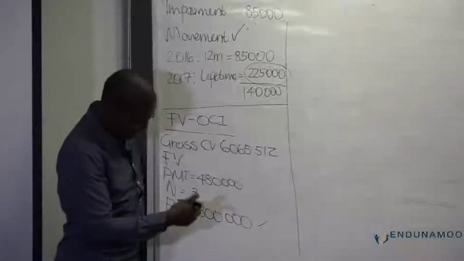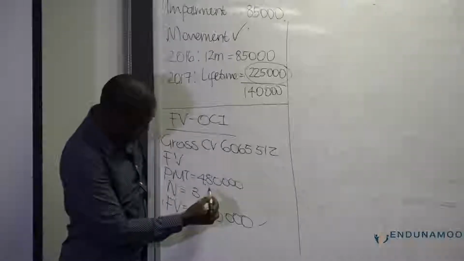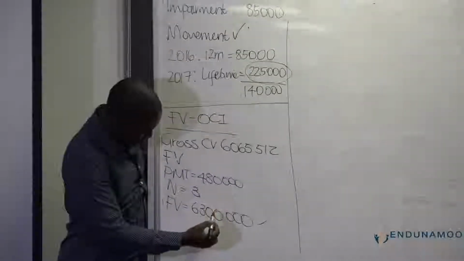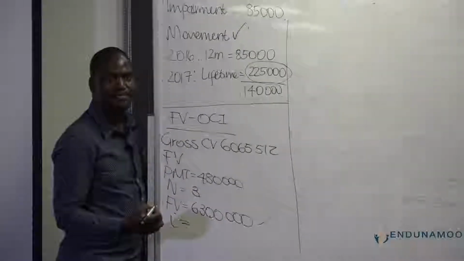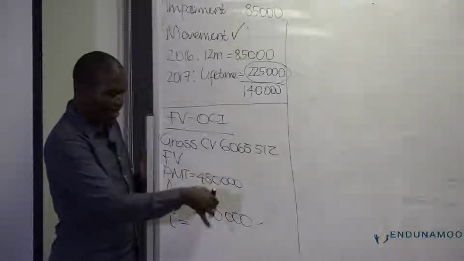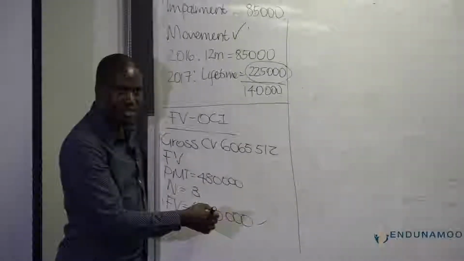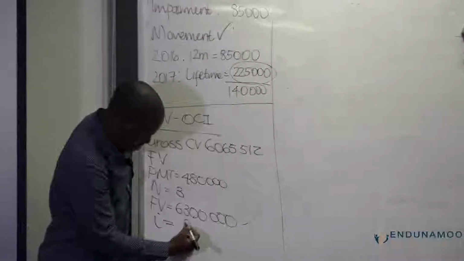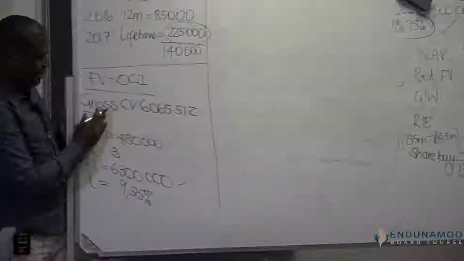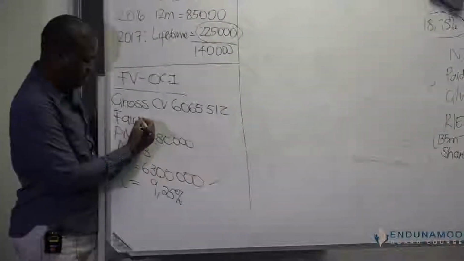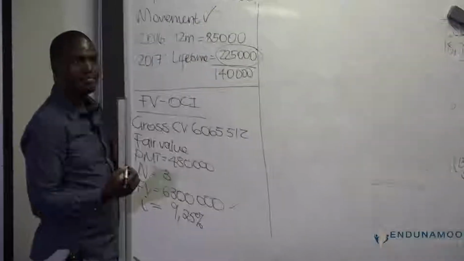Let's go. So we have PMT, and I will then be what? What is the rate on 31 December 2016? 9.25. So we get the fair value of this instrument, which is how much?